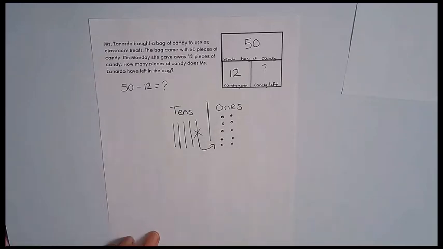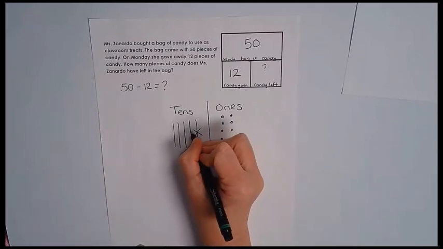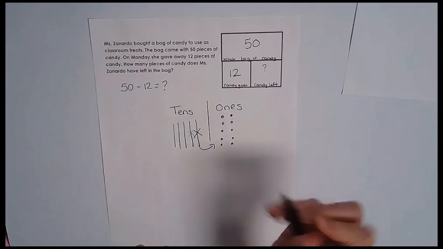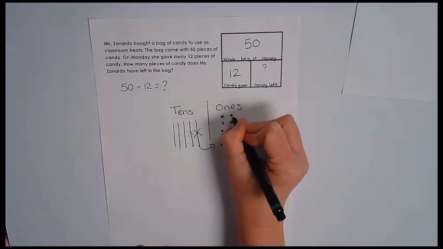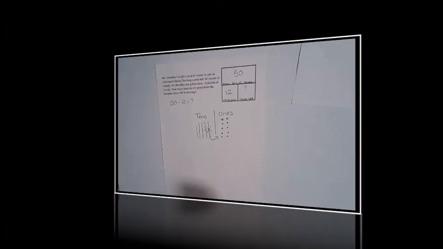Now I can subtract 1 ten and 2 ones. 1, 2. And that would leave me again with 38.